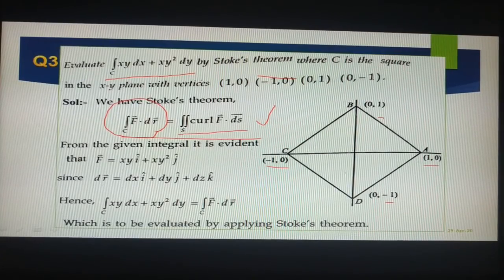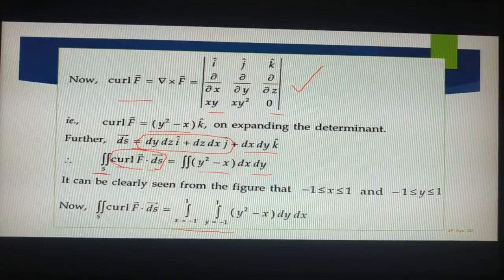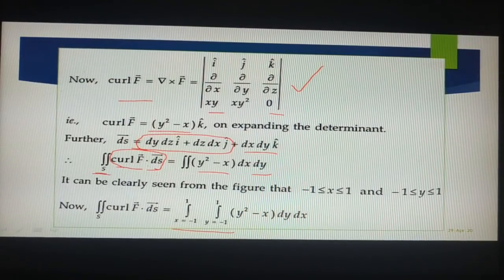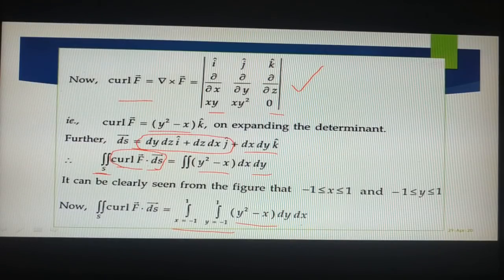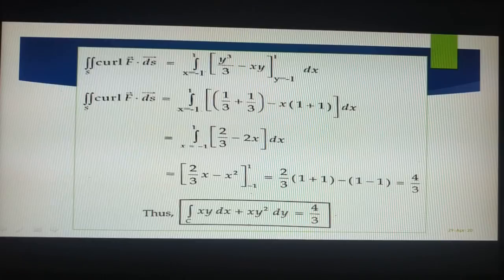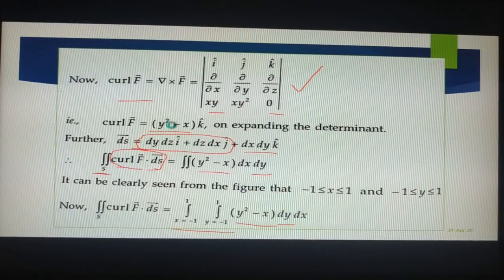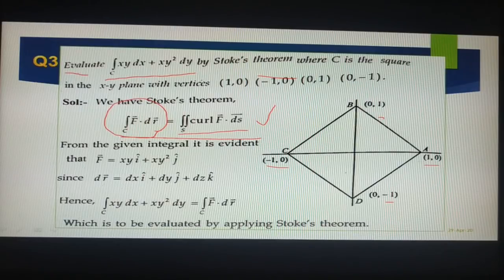These are the constant limits. If you integrate the function curl f dot ds bar, nothing but here dx dy, then we will get the result. Okay, so we are just evaluating on one side because we need to evaluate this problem.